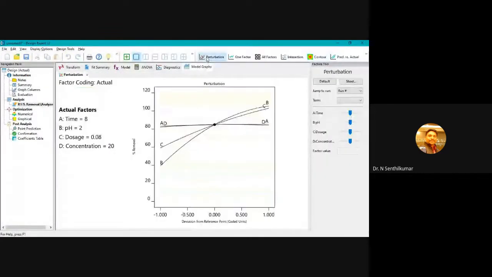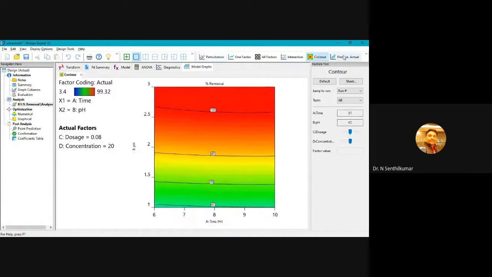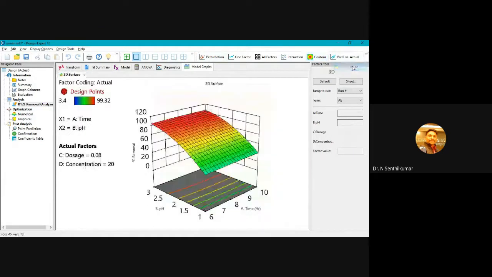So the perturbations and all we can see. So this is not linear because we are going with the quadratic model. Previously, yesterday, we have seen linear graphs in response surfaces. But now you can see quadratic curves. Okay. Then contours. Then 3D surface. This is what we are speaking about. So this is linear.